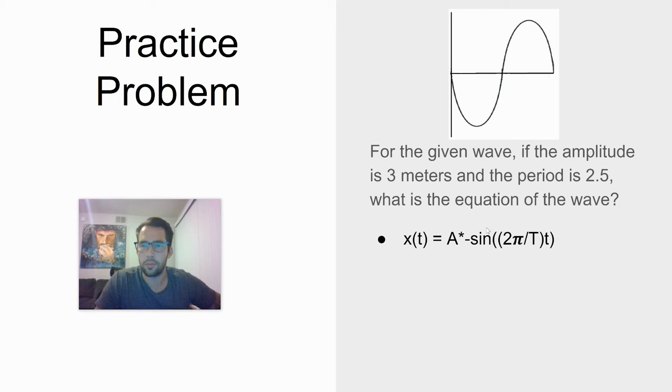All I'm going to do is plug in my amplitude, 3 meters for A. I'm going to plug in my period for capital T, 2.5, and my answer is 3 meters times negative sine, because of the way the graph looks, times 2 pi over 2.5, because that's the period, times t. Notice that I don't change little t at all, because that's the variable that the equation is a function of.